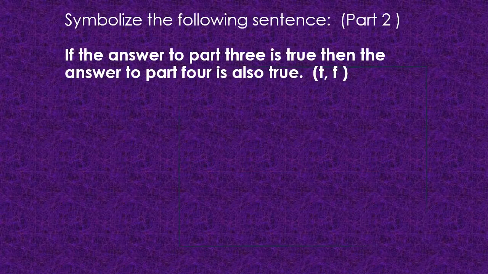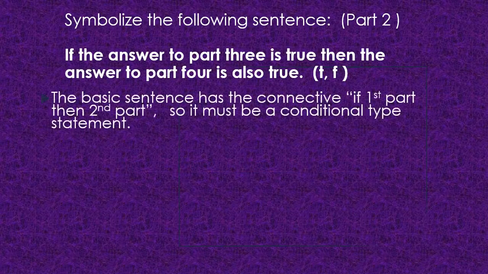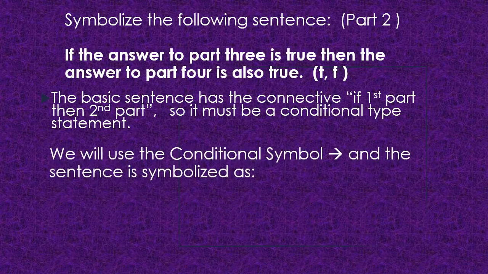Okay, so there's our sentence. We have noted that it's a conditional or an implication. So it's if the first part, then the second part. That's the setup. If the first part, then the second part. So we do have this conditional type statement.